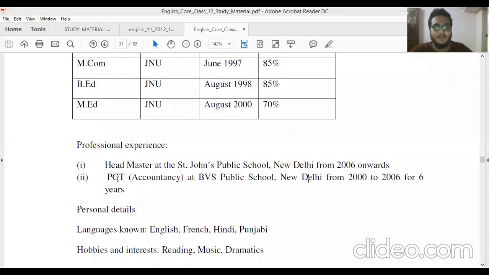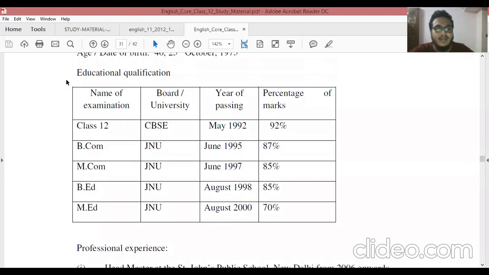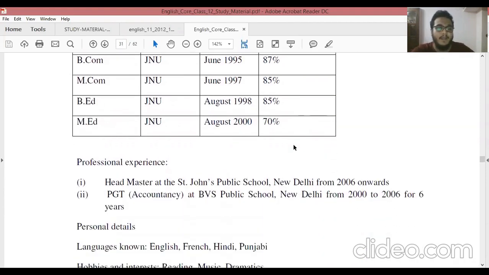Headmaster at St. John's Public School, New Delhi, 2006 onwards. PGT accountancy. See that from the current experience, then the past experience. And here, educational qualification, class 12, BCom, MCom, B.Ed and all. See the year of passing, everything has been shared.